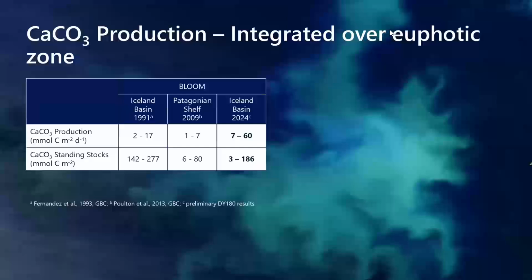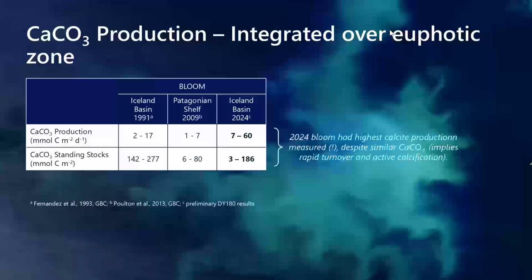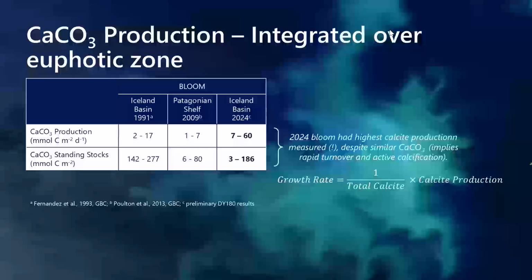And this is despite the fact that the standing stocks of calcium carbonate are comparable to the other 2, which implies very rapid turnover and active calcification, which we're seeing in our calcite production numbers.